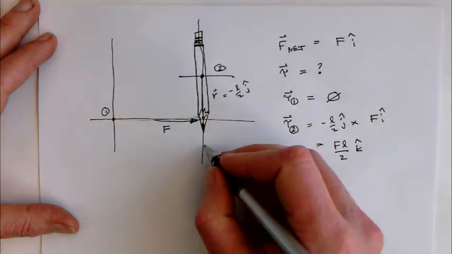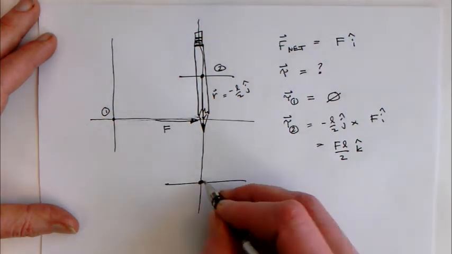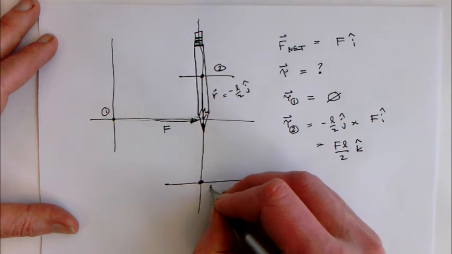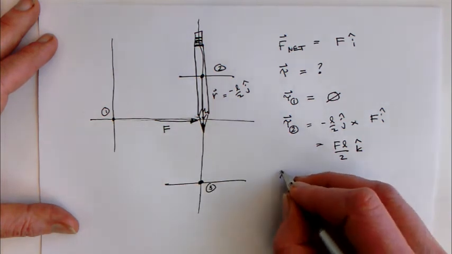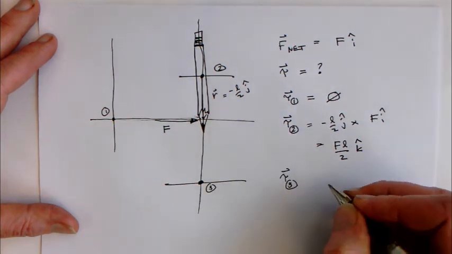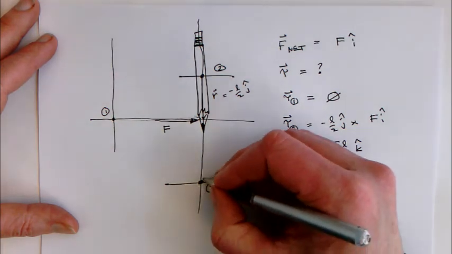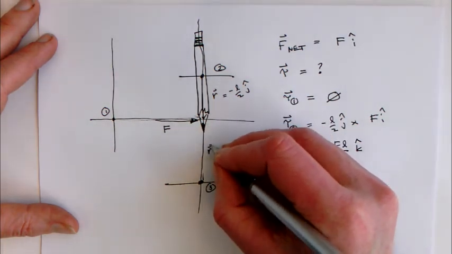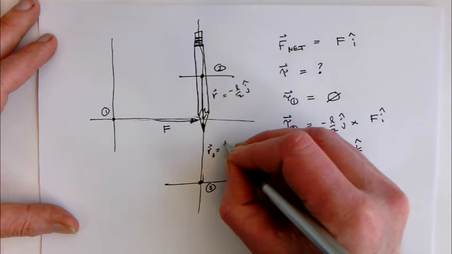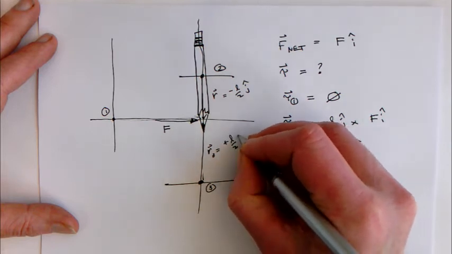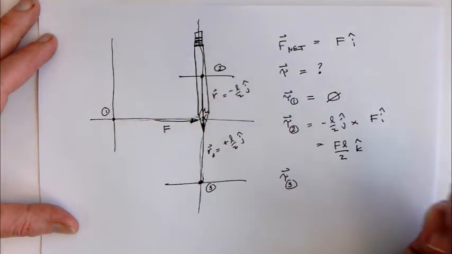And finally, I could actually choose this as being my origin, right? I could choose this as being origin number 3, and the torque about origin number 3, well, let's see, that would be, let's say this is L/2 as well, so this position vector would be plus L/2 j-hat, right, going from the origin to the point where it's applied.